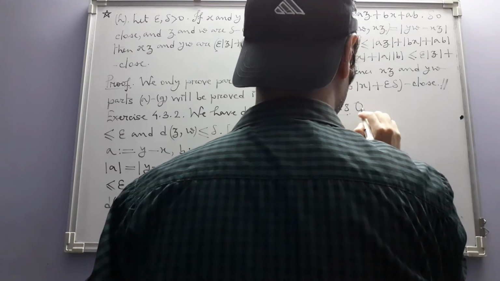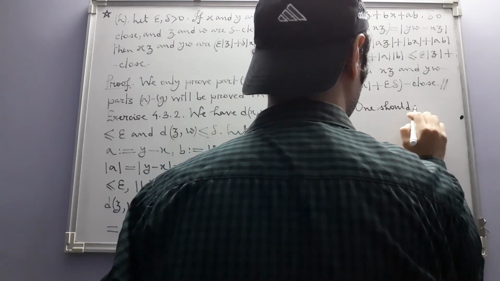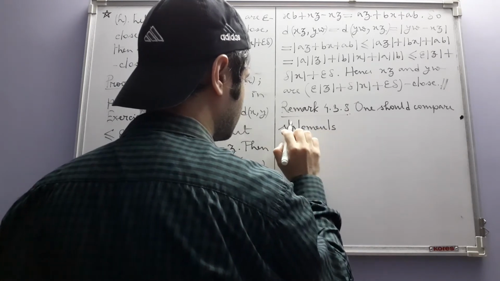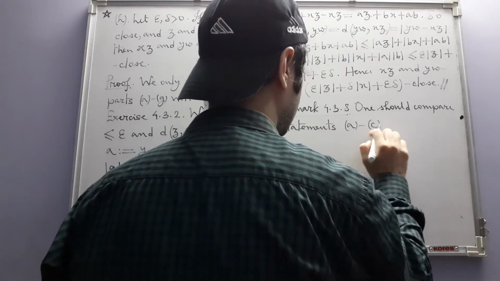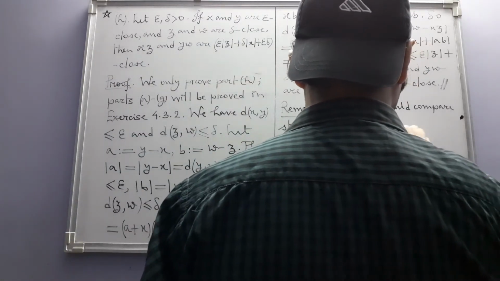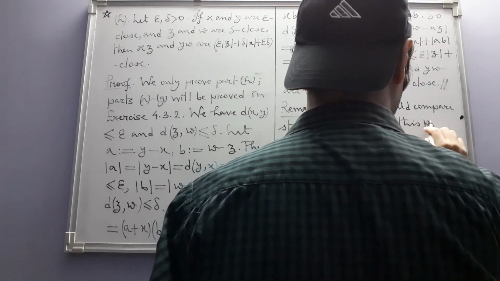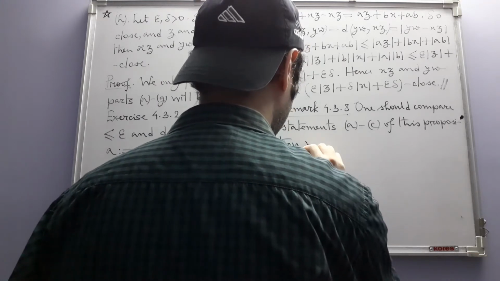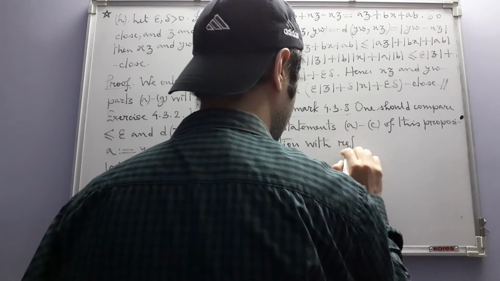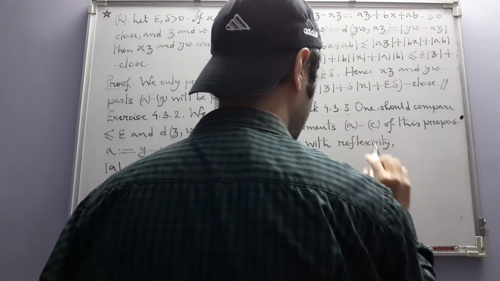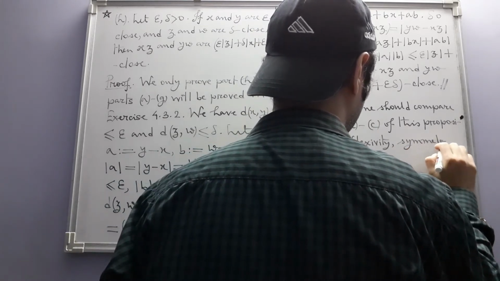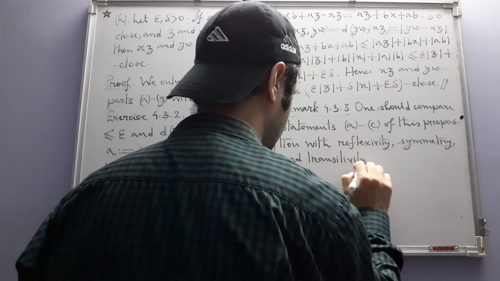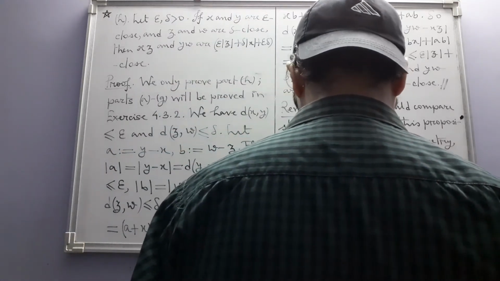One should compare statements A through C of this proposition, that means the ones we have seen just now, with reflexivity, symmetry and transitivity of equality.